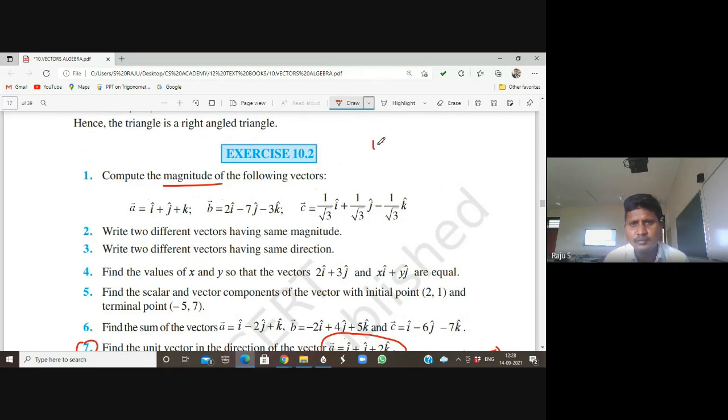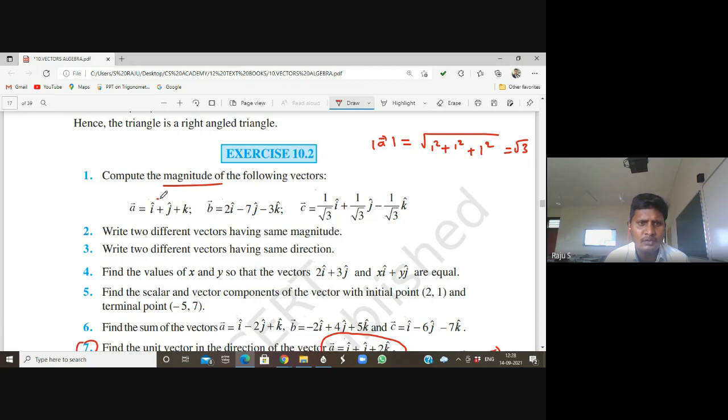The magnitude of the given vector can be represented like this: square root of i coefficient squared plus j coefficient squared plus k coefficient squared. Each coefficient is 1, so 1 square plus 1 square plus 1 square is root 3.